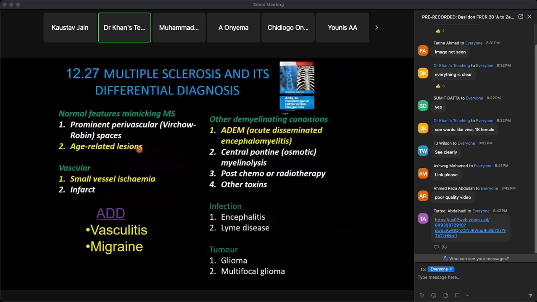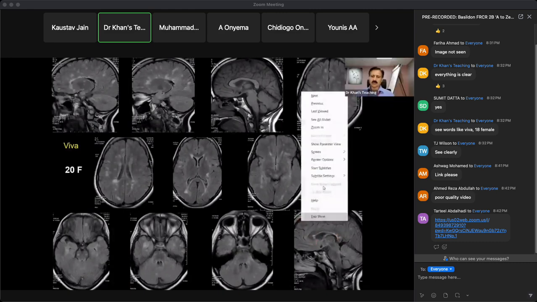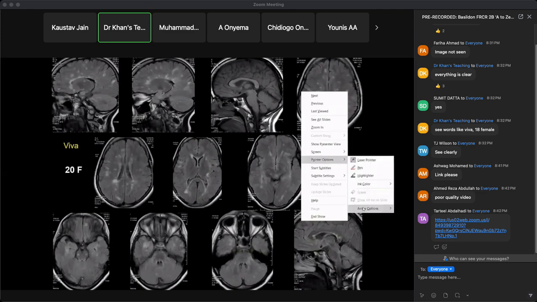So, coming back to the case which was well described, we can see a few features which are quite classical. So you have to remember the classical features for MS. What are the classical features? Corpus callosum, particularly the undersurface of corpus callosum involvement. So if you see, this is the corpus callosum, and let me change my mouse to arrows.